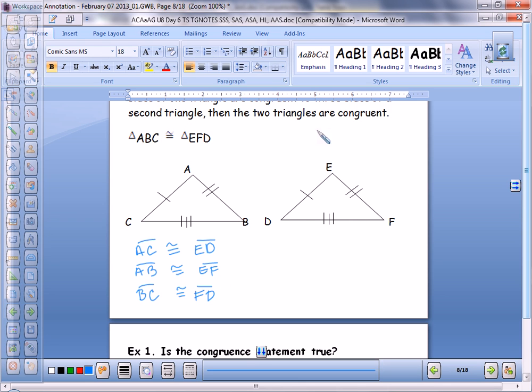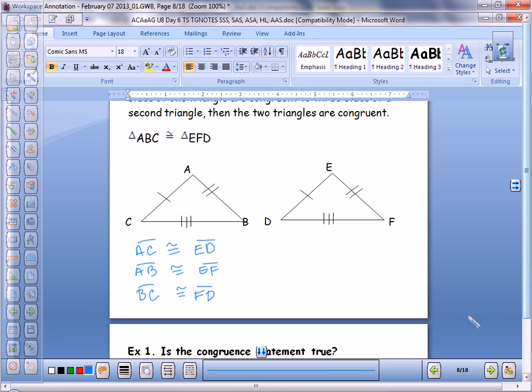Triangle ABC is congruent to triangle EFD. And the order of the letters matter. The corresponding angles must be in the same position. Angle A with angle E. Angle B and angle F. Angle C and angle D. This is our congruence statement, that triangle ABC is congruent to triangle EFD. Any questions about side, side, side? Side, side, side congruence postulate.